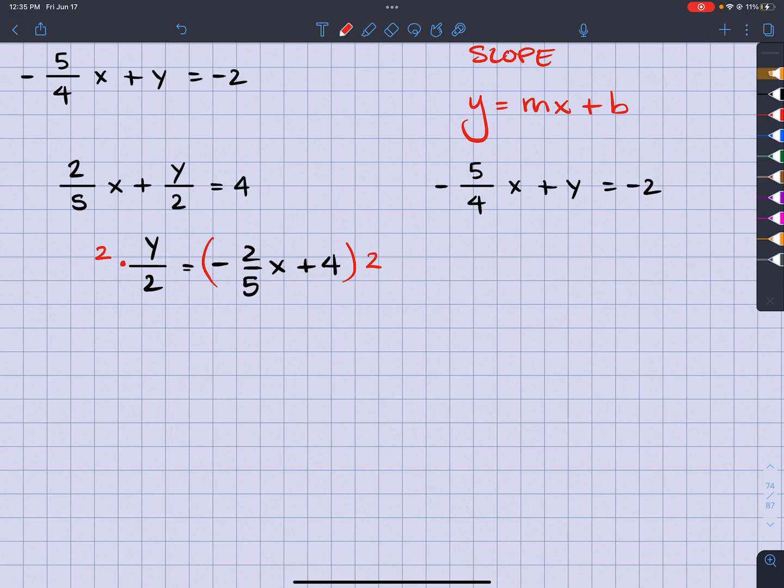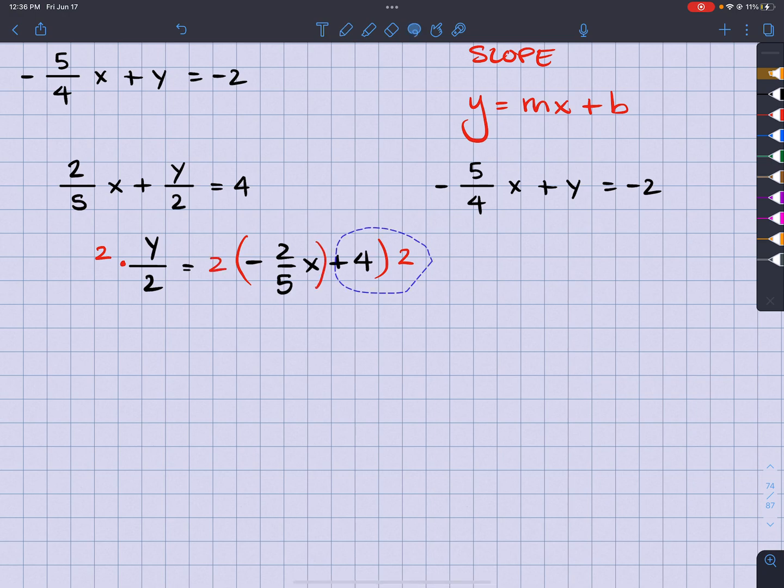If I was to expand this, it would just mean me doing this. Actually, let me do it this way. It would just mean that I'm going to do this. So I multiply every single term by 2.